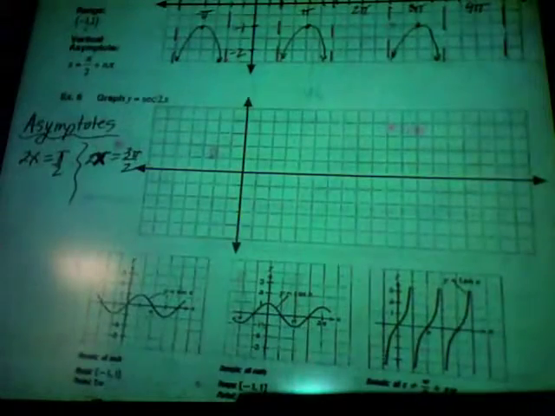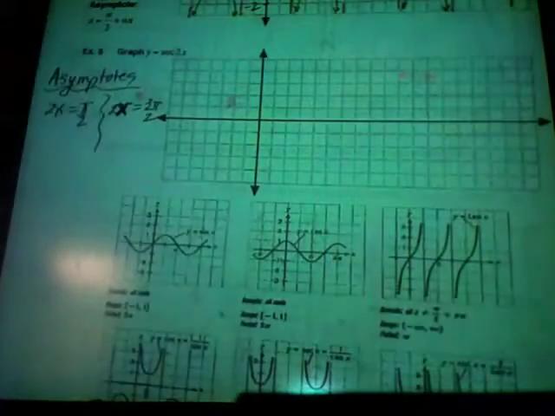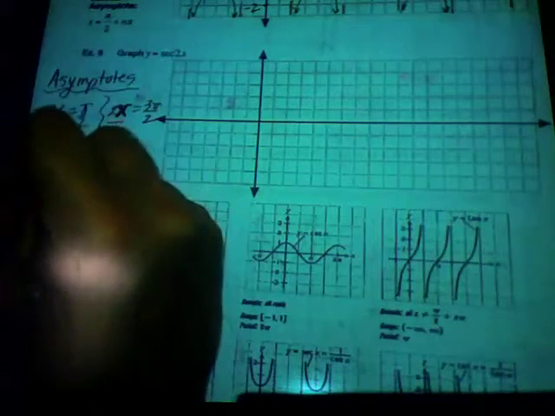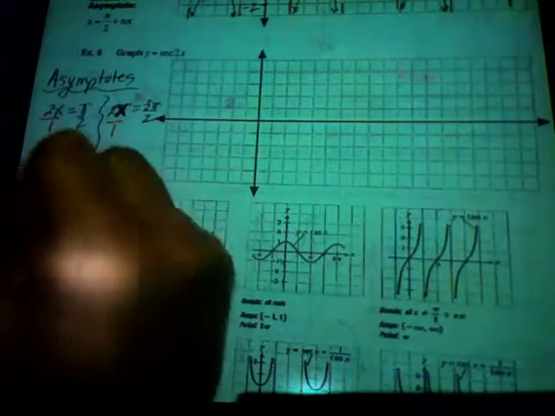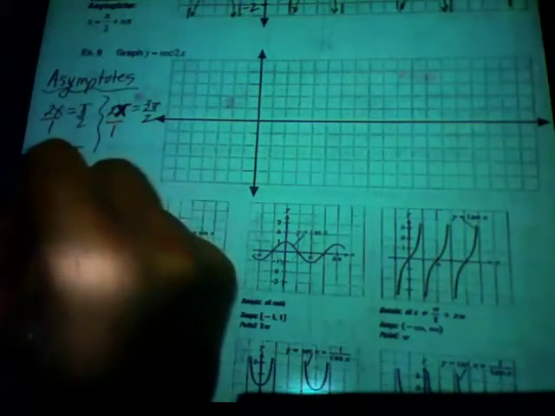Now you have to solve for x. Put this over 1 and this over 1 and start to solve. 2x times 2 is 4x equals pi. So your first asymptote is now pi over 4.